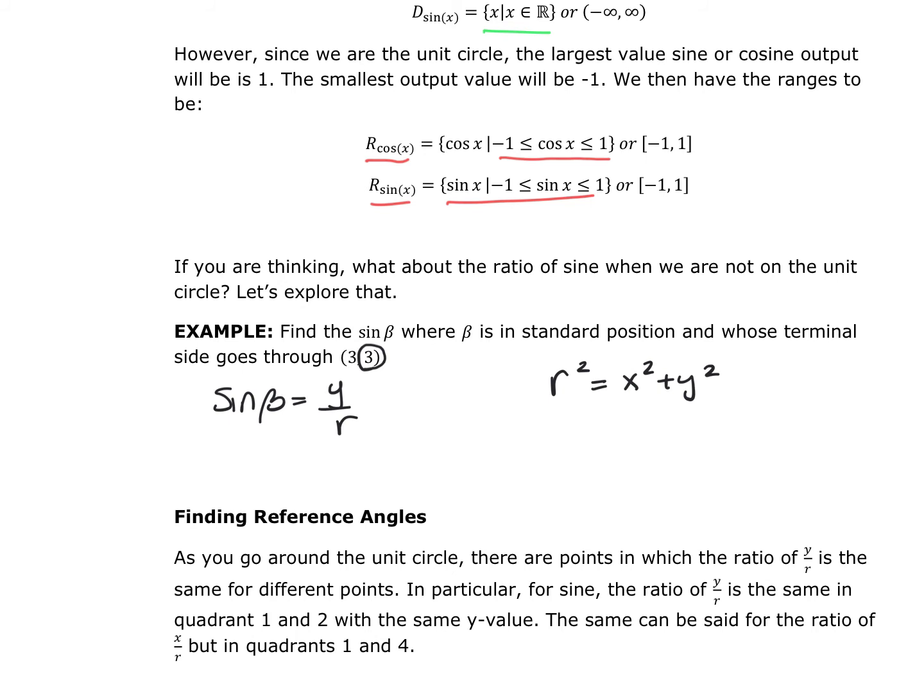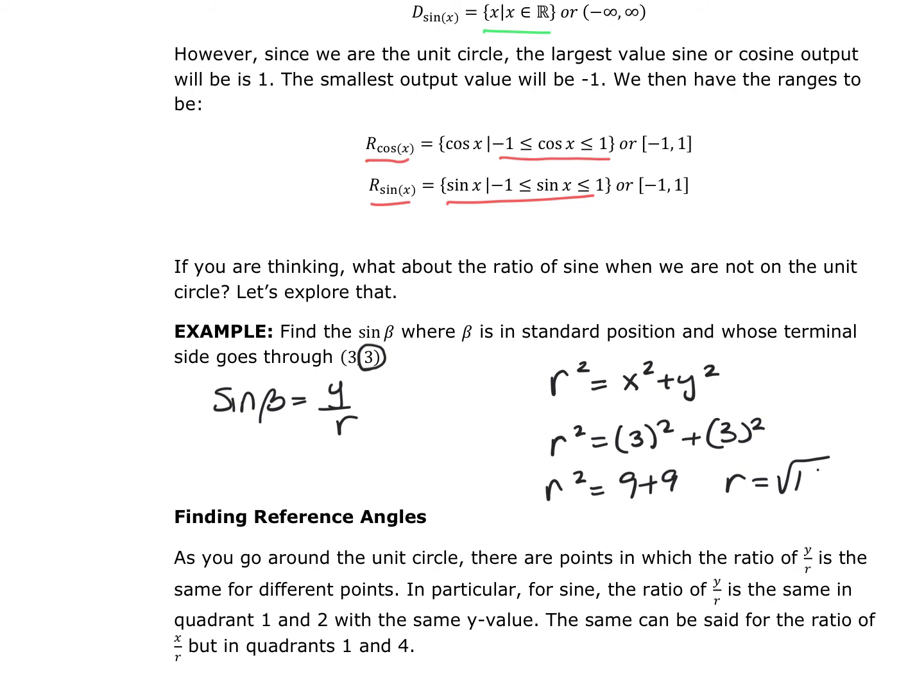So my r squared is going to be equal to my x, which is 3, plus my y, which is 3, both of those squared. And so my r squared is going to be 9 plus 9, and so r is going to be equal to the square root of 18. Usually I put plus and minus, but radius will not take on the plus and minus.